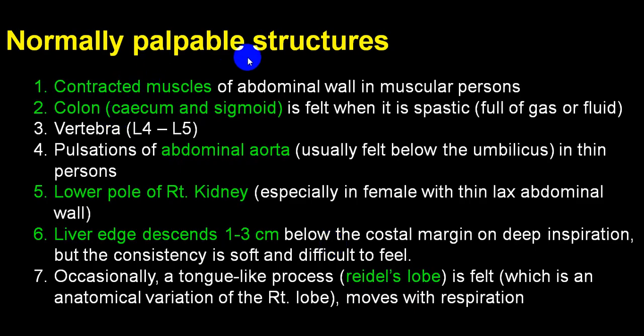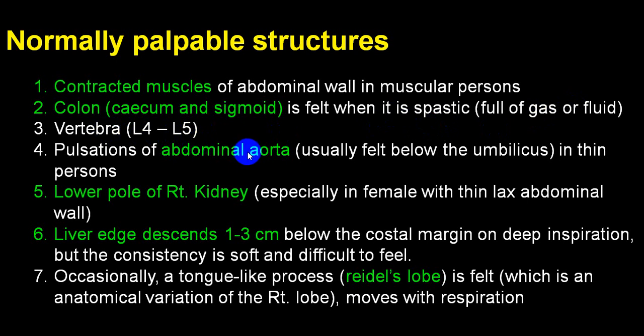So normally palpable structure, what are normally palpable structure? You can palpate the abdominal muscle which are contracted, particularly because of rigidity. Cecum and sigmoid is felt when it is spastic, full of gas or fluid, or may be palpable if there is a fecal impaction. 4th and 5th lumbar vertebra may be palpable only in a thin-built individual.